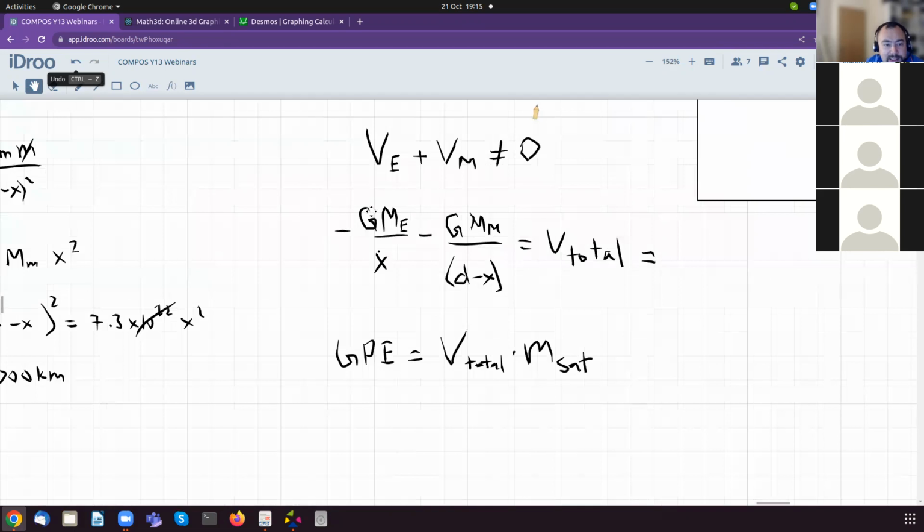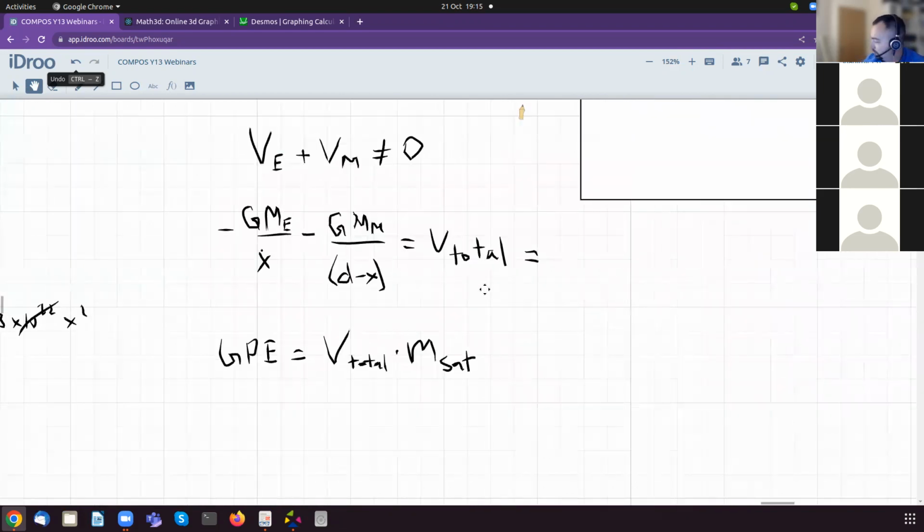So you get this number. I really don't want to calculate this, but it's going to be a negative number. Or maybe I do. Can I do it really quickly? I guess so. 6.67 times 10 to the minus 11, the gravitational constant, times mass of the Earth.